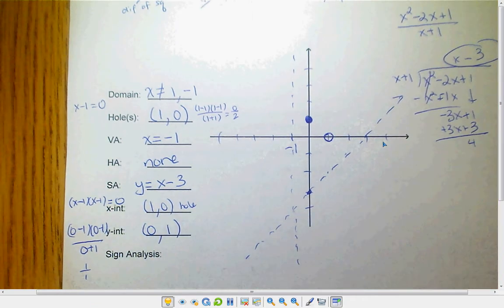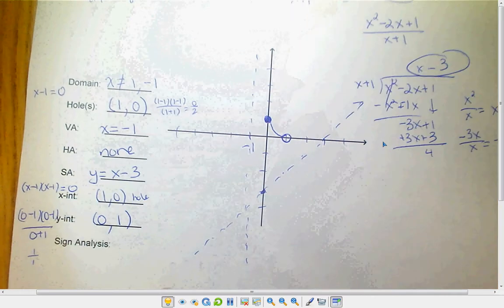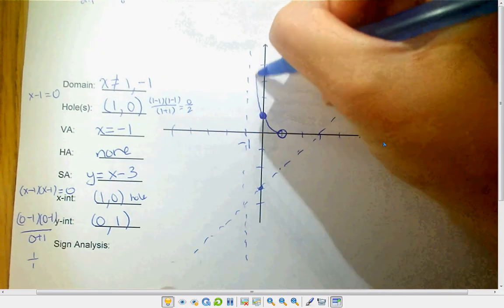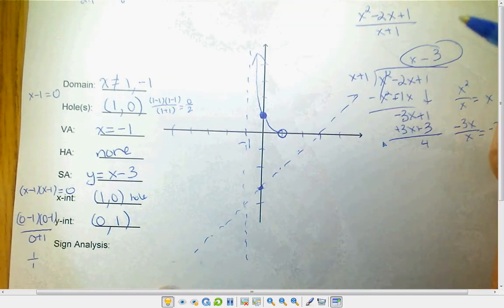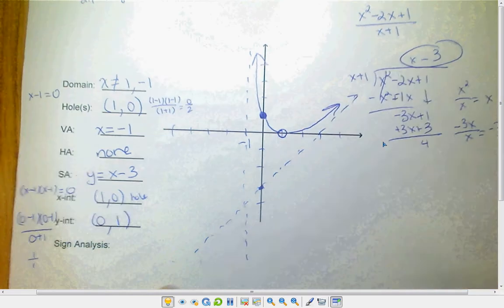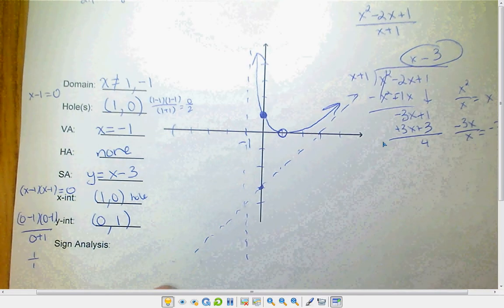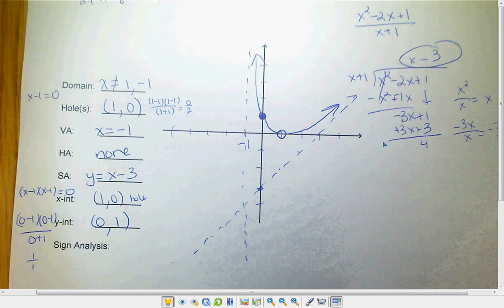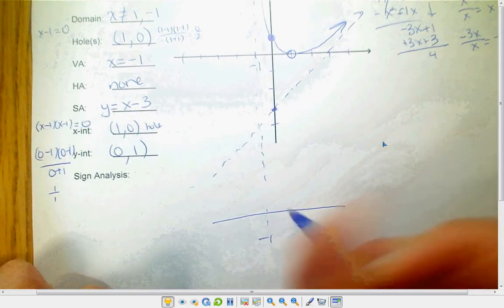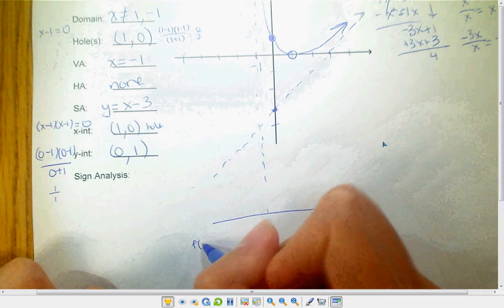Okay, so for the sign analysis, these 2 points I know have to connect. This is going to go towards this asymptote. This one's going to go towards this asymptote. For the negative 1, on the left side of negative 1, if I pick a number over here, so let's say negative 2.